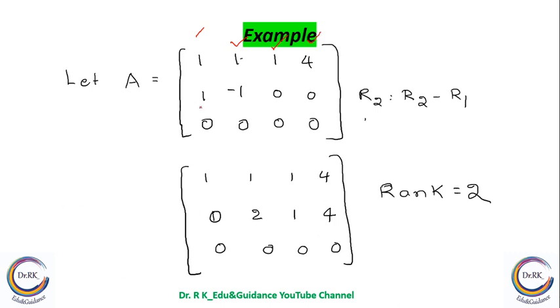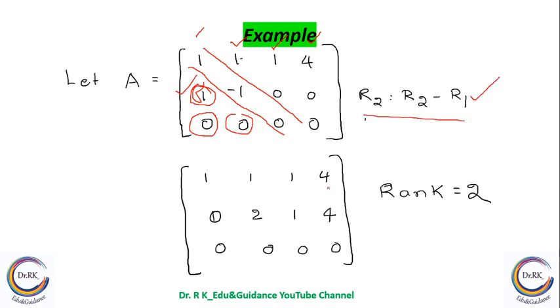Remember rank: with the help of echelon form, because here echelon form helps us, not any other. Below the principal diagonal, some elements are already zeros. We have to try for the rest. What is the operation here? R2 becomes R2 minus R1, and then we got this.